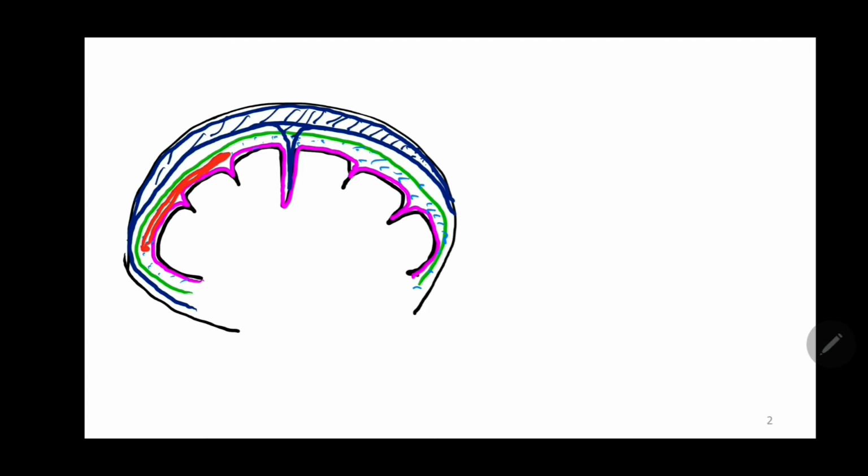And let's draw a cortex. Here you find the cerebral cortex, and down below you'll find the white matter.